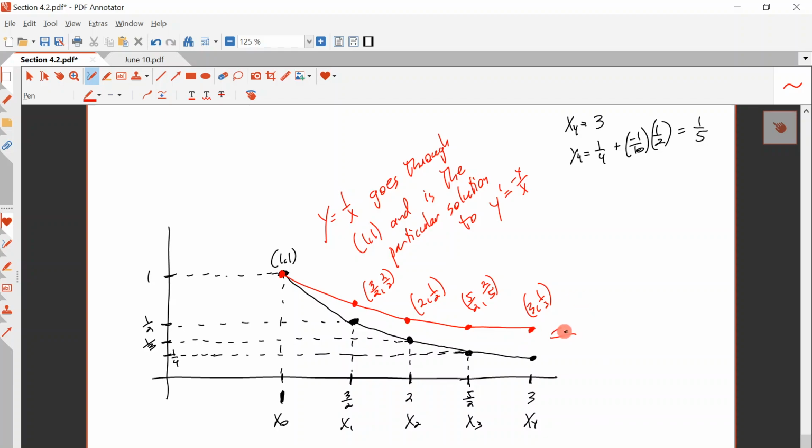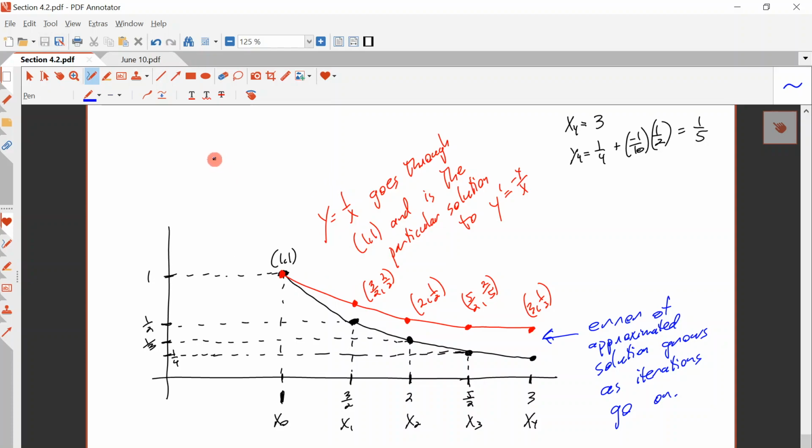All right, so the error of the approximated solution grows as iterations go on. I mean, it doesn't have to. Sometimes you can get lucky, but here the error is growing. Okay.